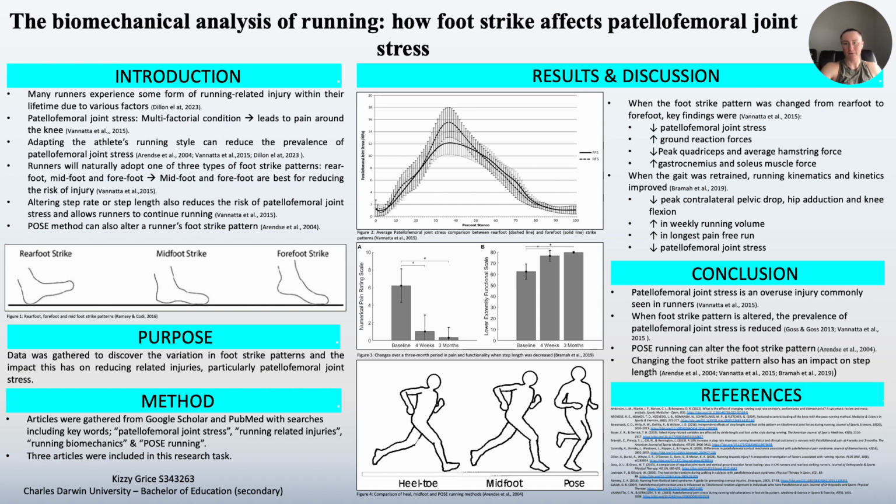It was found when the foot strike pattern was altered from a rear foot to a forefoot strike, peak patellofemoral joint stress and peak quadriceps force both decreased by 27%, which can be seen just here.